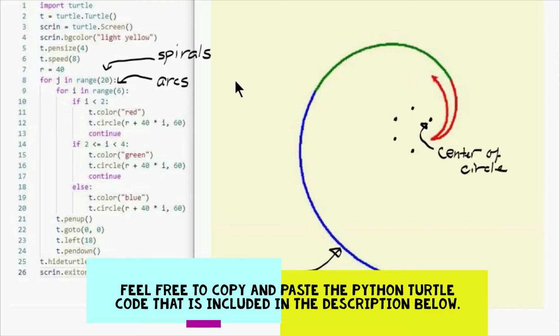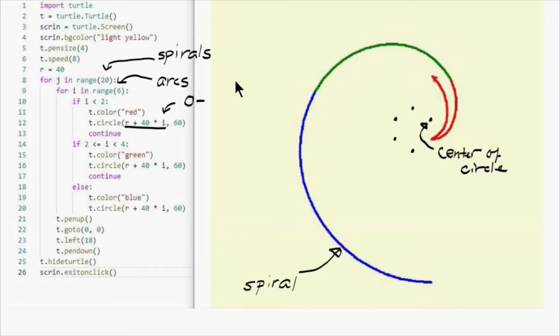And incidentally, the radius of the circle is r plus 40 times i, since the value of i here changes from 0 to 5. So if i is equal to 0, then the radius of the circle is equal to r.